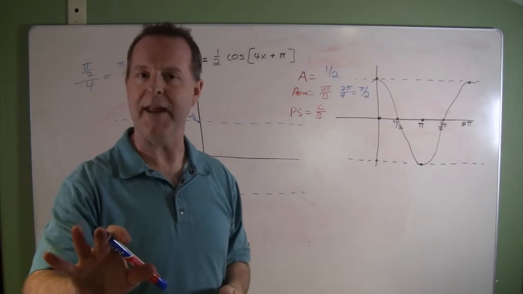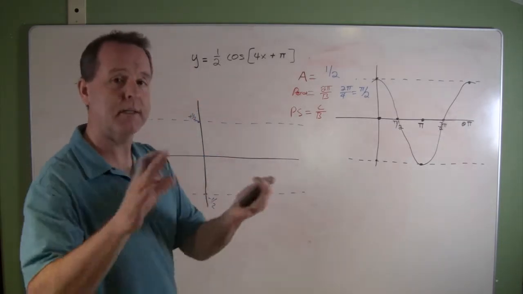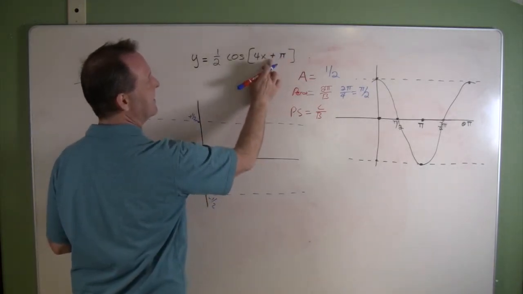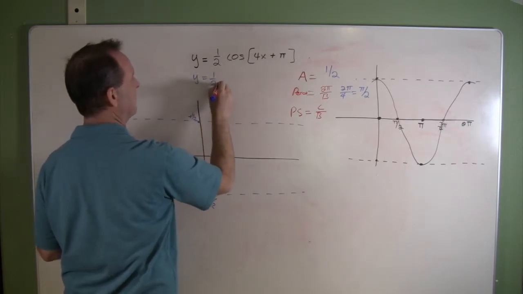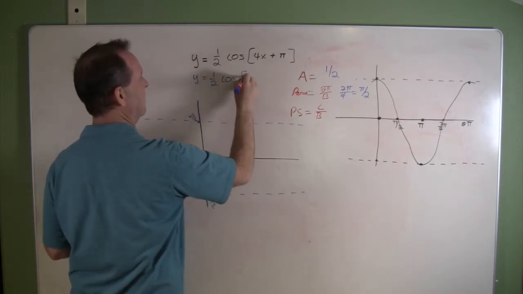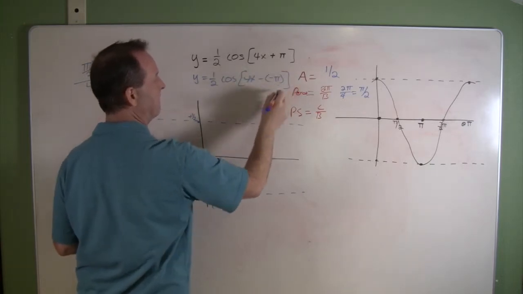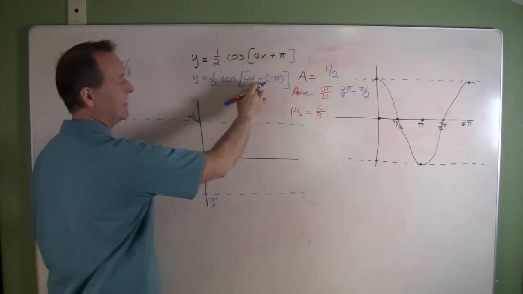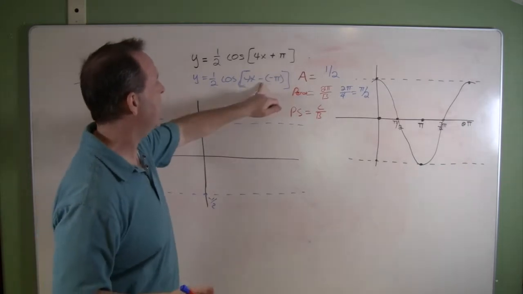And not only do we have a phase shift, we have a phase shift that's disguised. If we remember from our sine graphs, this value right here had to be negative. So I'm going to have to rewrite this as y equals 1/2 cosine of 4x minus a minus pi. Phase shift was defined as a negative inside, or a subtraction, a minus of something.